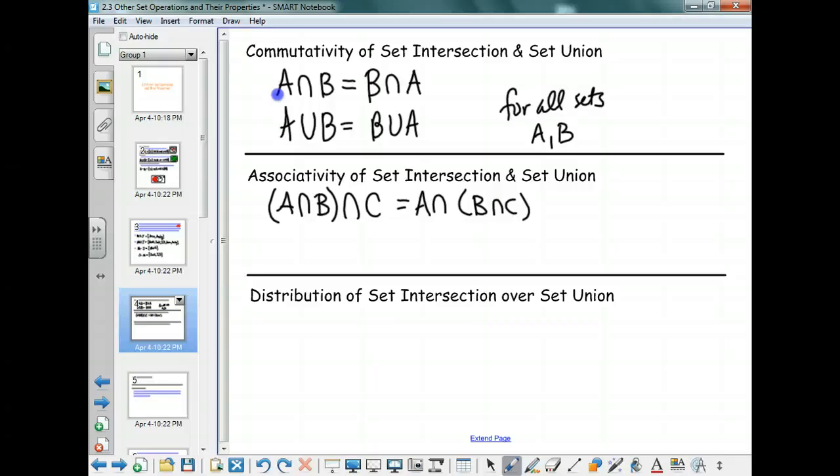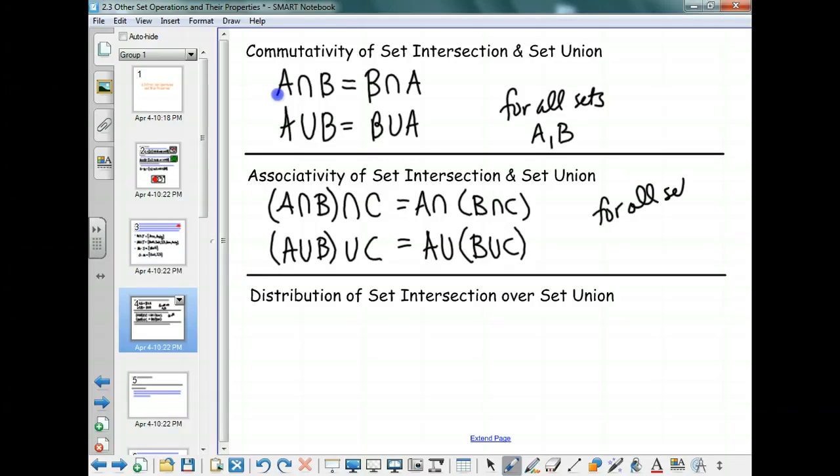You still get the exact same result. And the same is true for unions. So if I do A union B, and then do a union with C, I would get the same thing as doing the A union B after I did B union C. And again, this works for all sets A, B, and C.